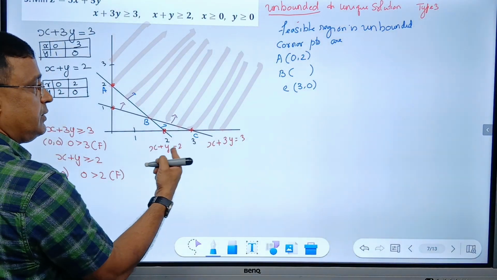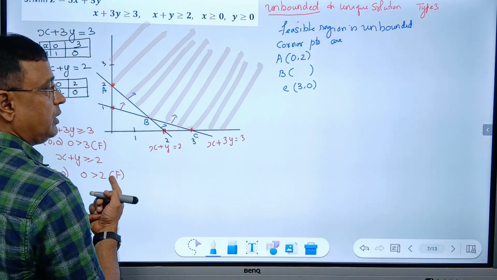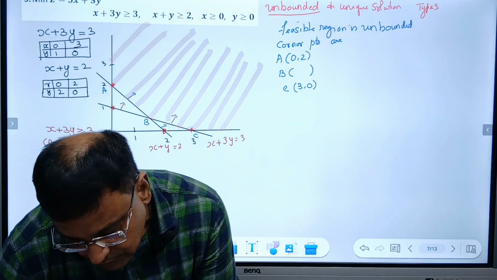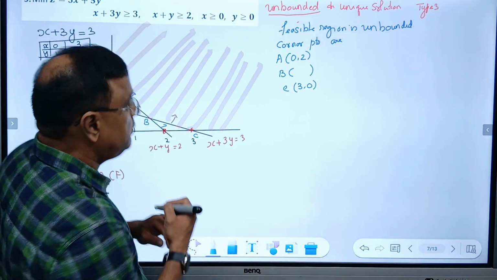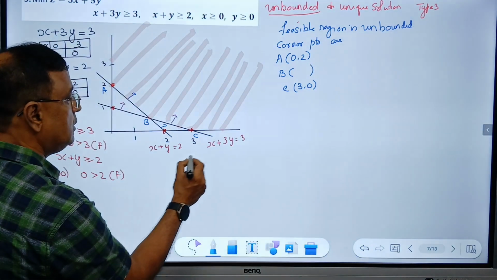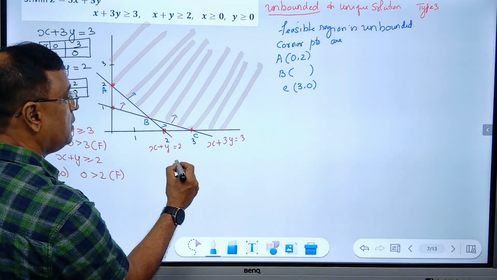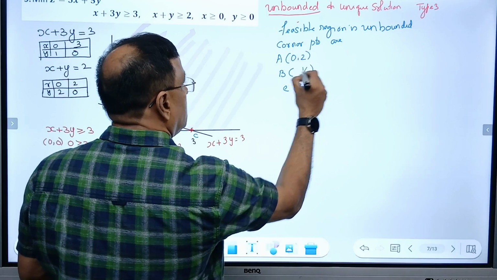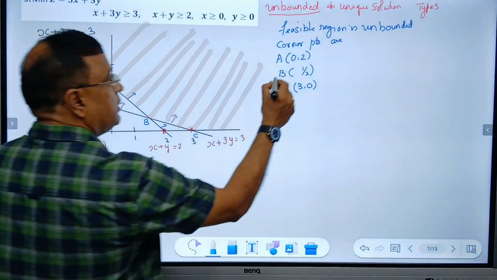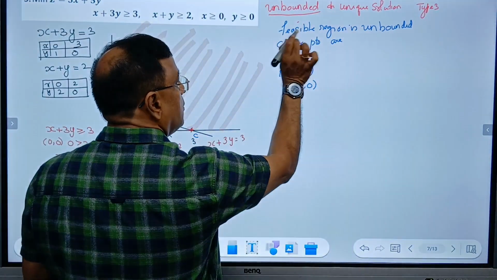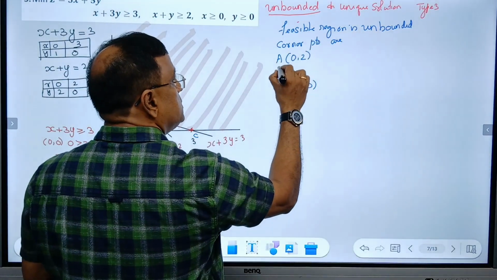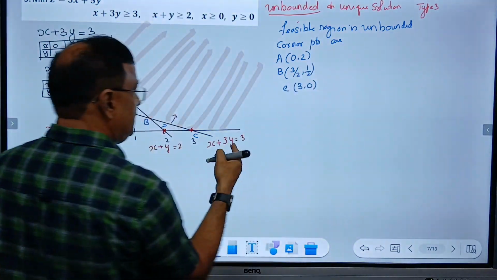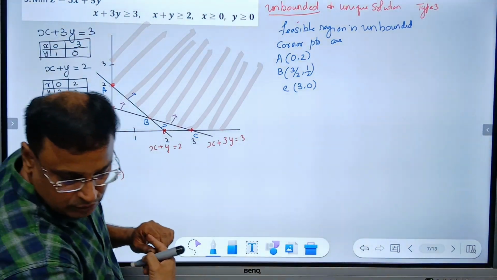If you solve this, you can see 2y equal to 1. So y is 1 by 2, correct? And with y as 1 by 2, you get x as 3 by 2. So B is 3 by 2 comma 1 by 2. That's easy to solve, okay?